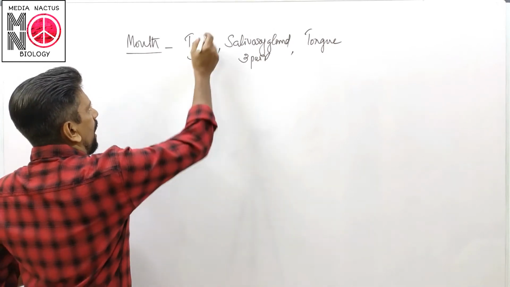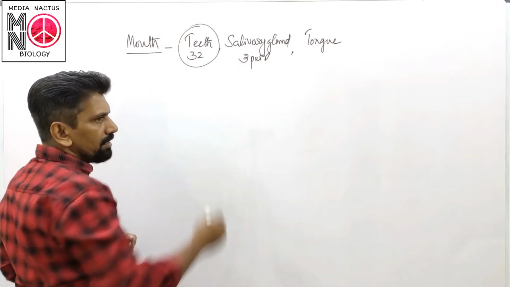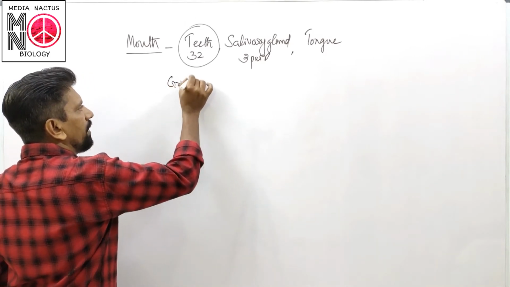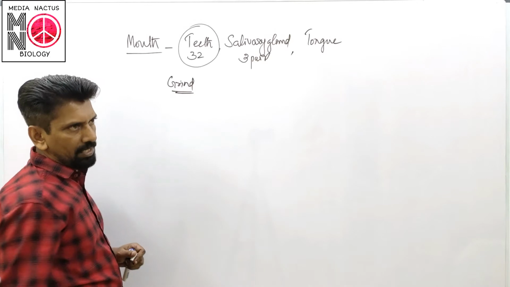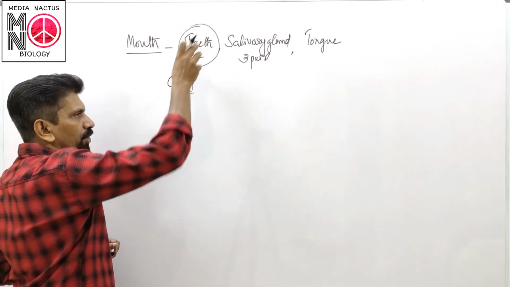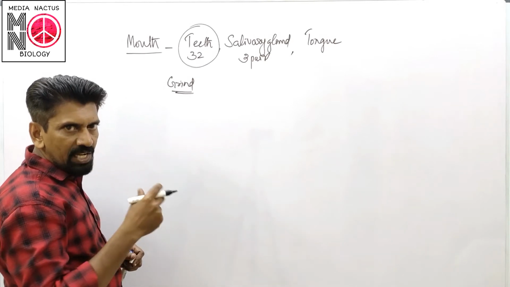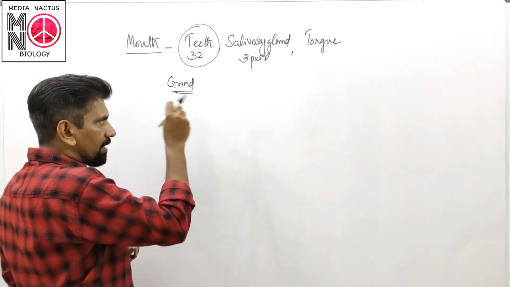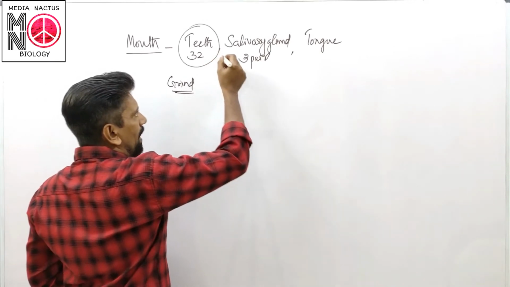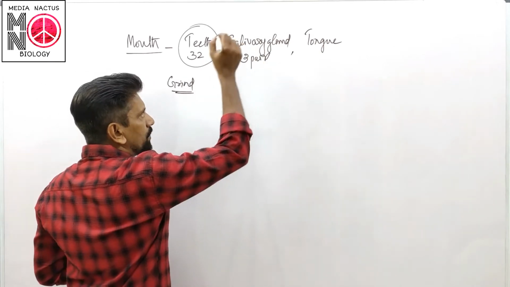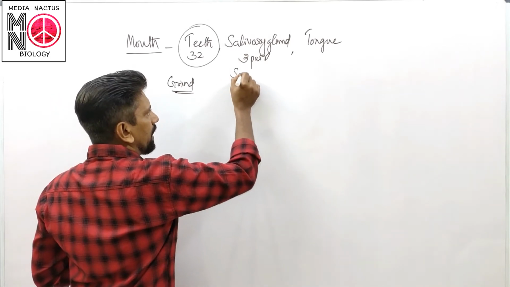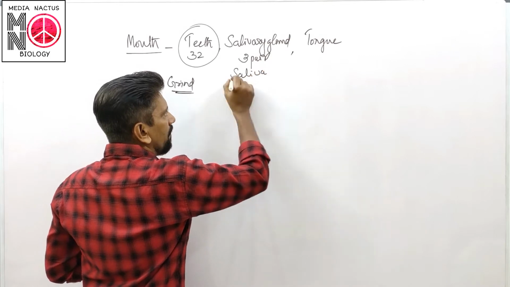Teeth, as I told earlier, help to grind the food into small particles. While grinding, the different nutrients present in the food are converted into smaller particles. These smaller particles are mixed with the saliva, which is secreted by the salivary glands.